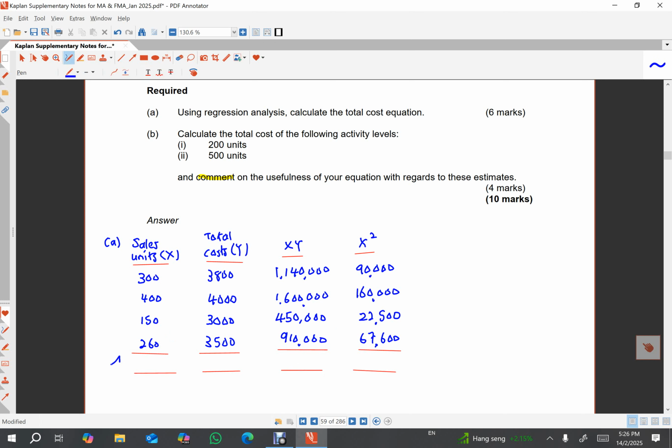The total of X is 1,110, the total of Y is 14,300, the total of XY is 4.1 million, and the total of X to the power of 2 is 340,100.